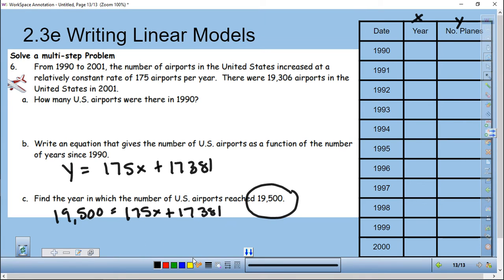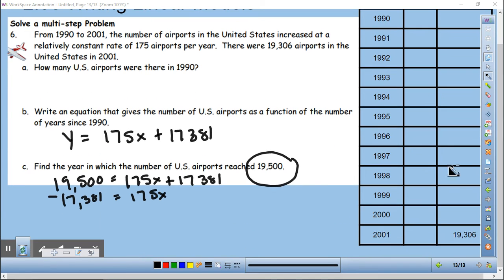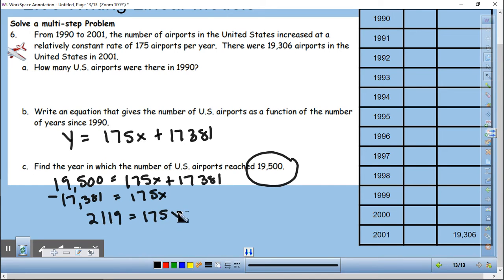I'm going to solve this equation first by subtracting 17,381 from 19,500. And I get, oops, let me go down here so I have some room. I ran out of space. And I end up with 2,119 is equal to 175x.